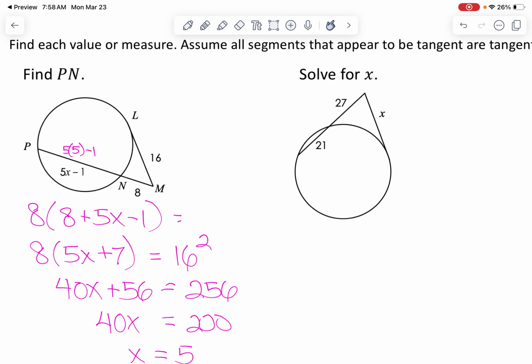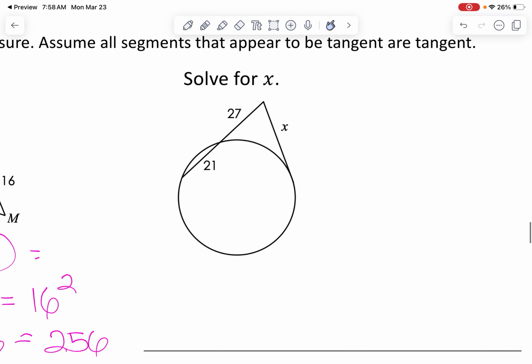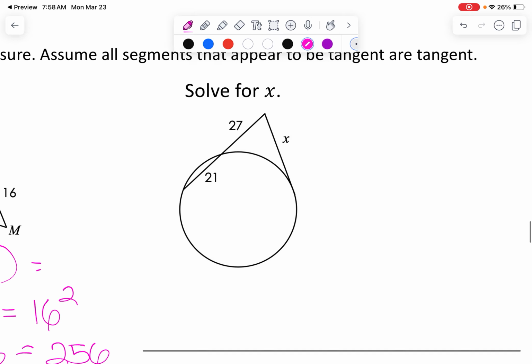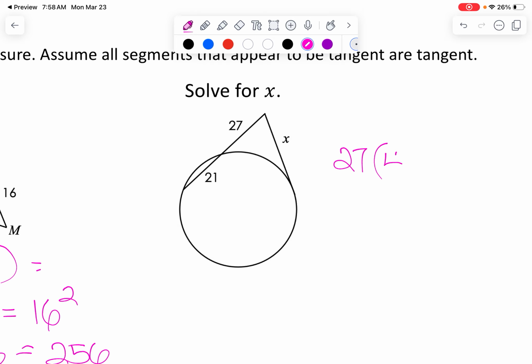Okay, let's try one more of these types, and then I want to try, like I said, a little bit more challenging one. Okay, so outside times the whole thing. So 27 plus 21 is 48.